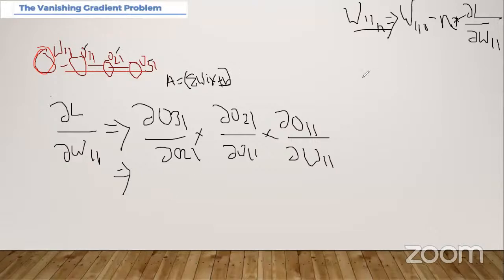So what happens is when I'm trying to calculate a new weight at the W11 stage, right? If my old weight is 5, I have to calculate the new weight. Learning rate I'm taking as 1.